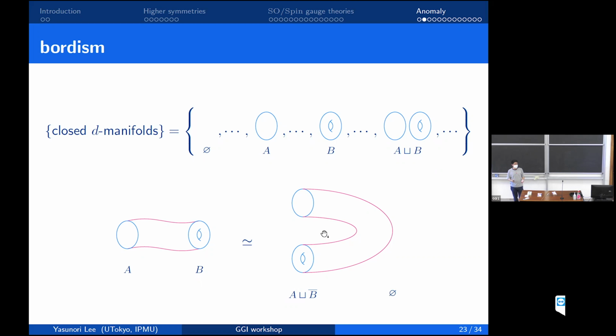And since any closed D manifold is bordant to itself, the disjoint union of A and the orientation reversal of A is also bordant to an empty D manifold. And as a result, the orientation reversal of A belongs to the inverse equivalence class of the original equivalence class. So that's how the group structure emerges.